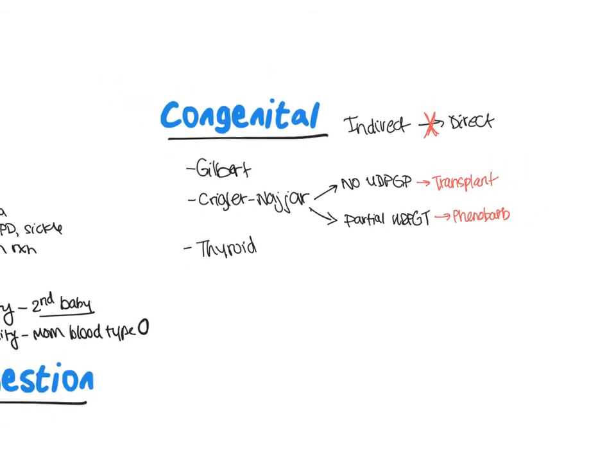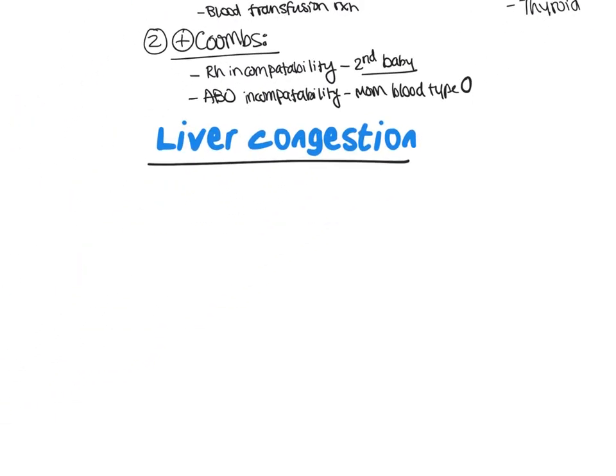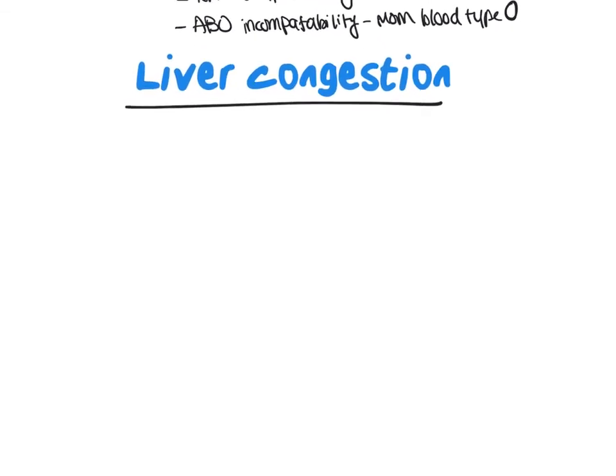The last bucket is going to be things that cause liver congestion, which will typically be broken up into cardiac causes, so CHF, versus liver causes.